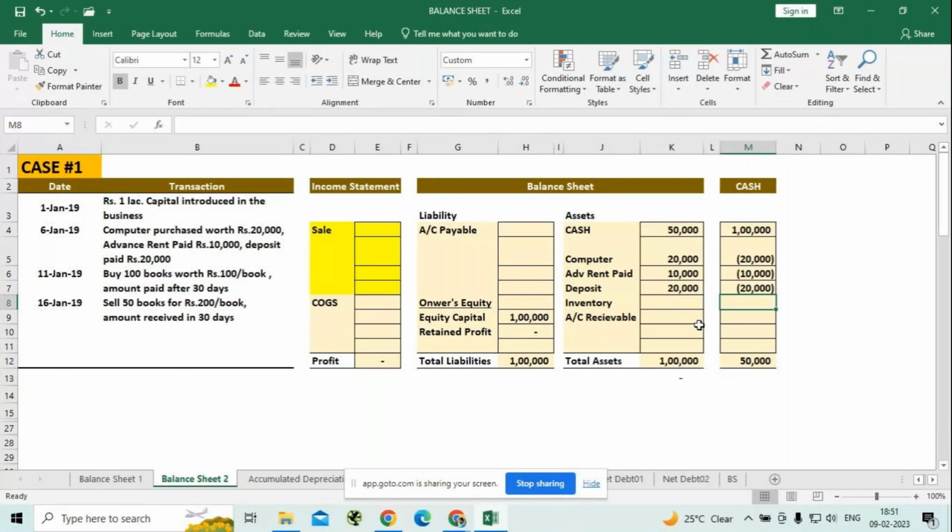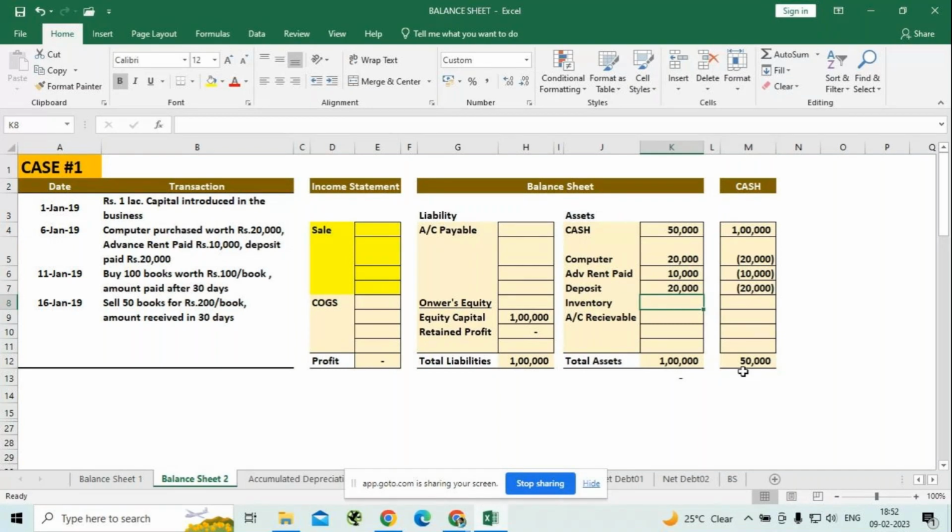So the next thing is you purchased 100 books worth rupees 100 per book, and the amount will be paid after 30 days. Okay. So there is an inventory purchased.